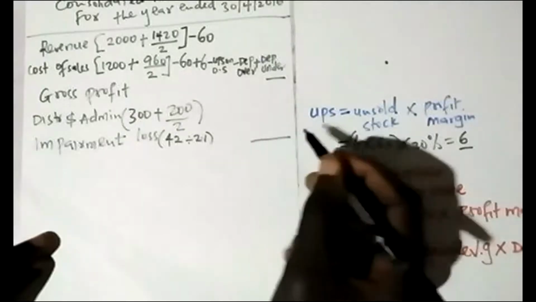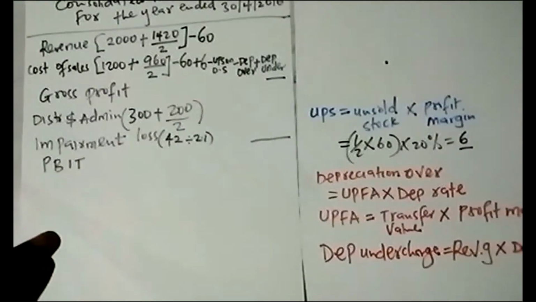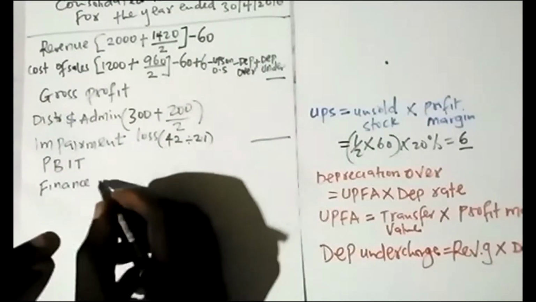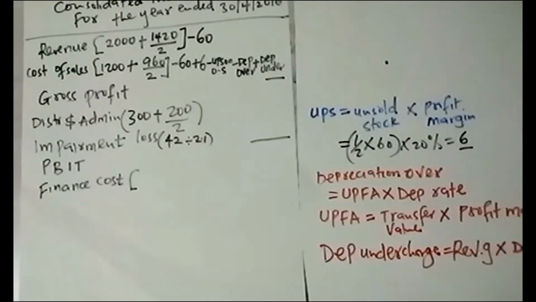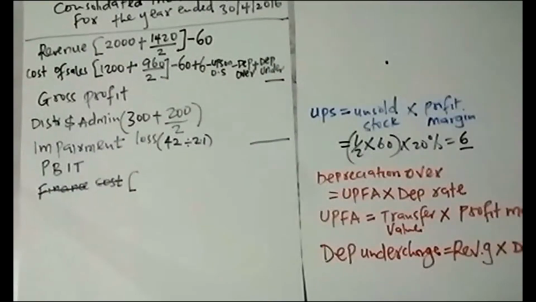That is fine. Up to this point, we have profit before interest and tax. Then we talk about finance cost, which is the interest. For the finance cost, again, it's a direct thing. They said interest receivable, interest payable, which means that I will record them the way they told us.